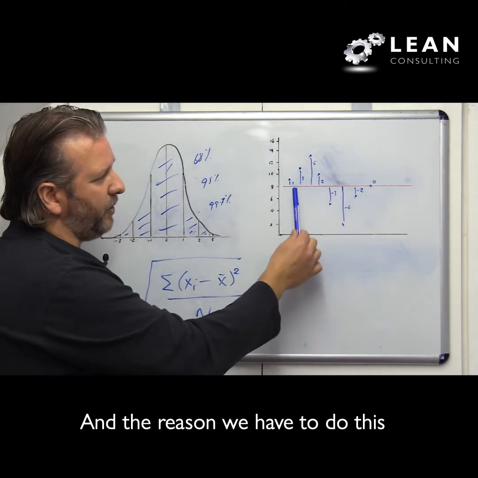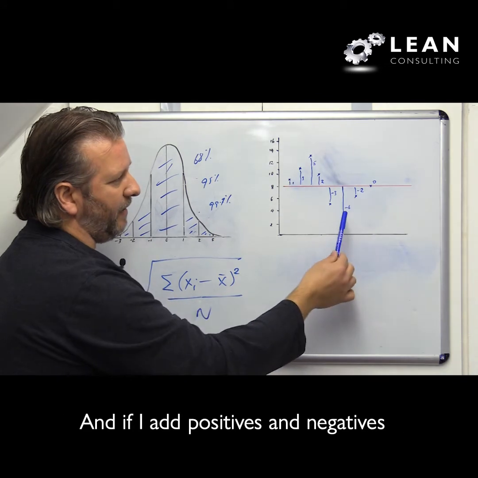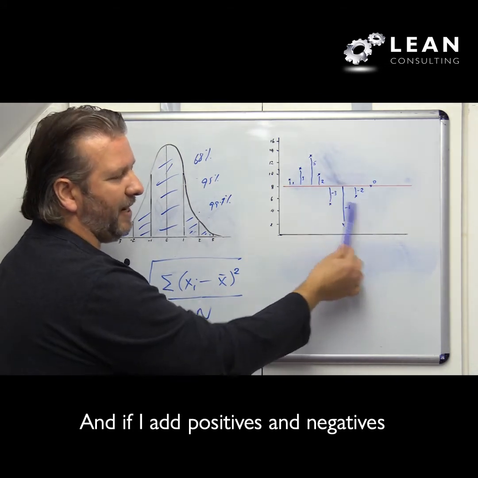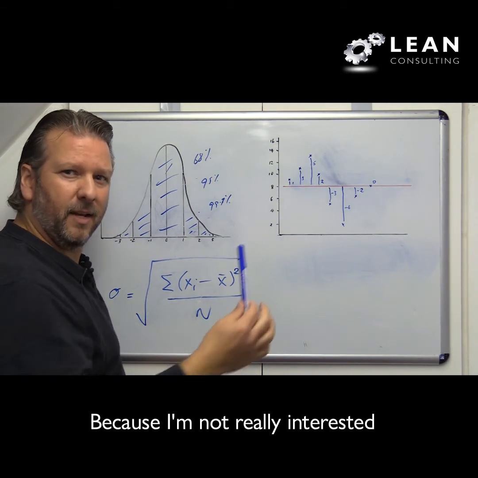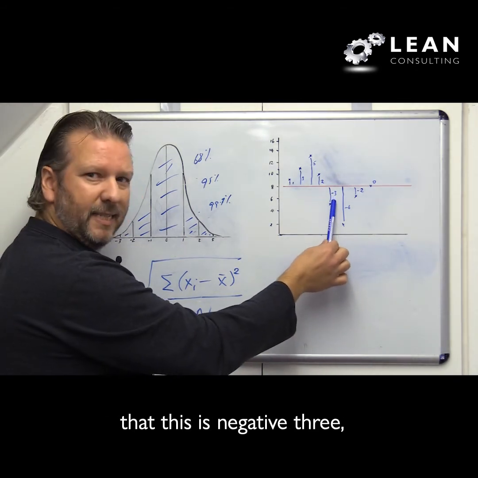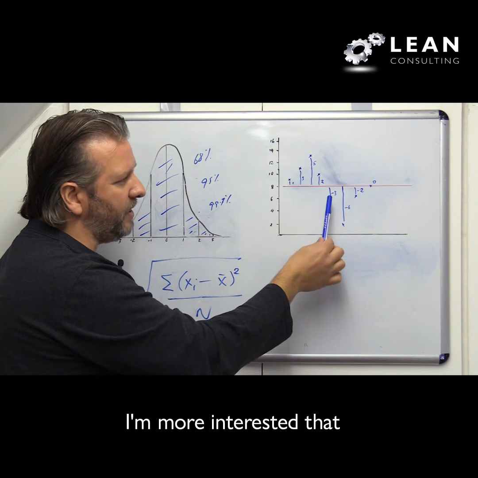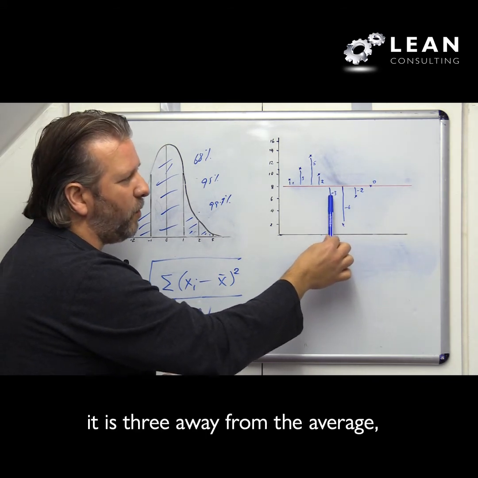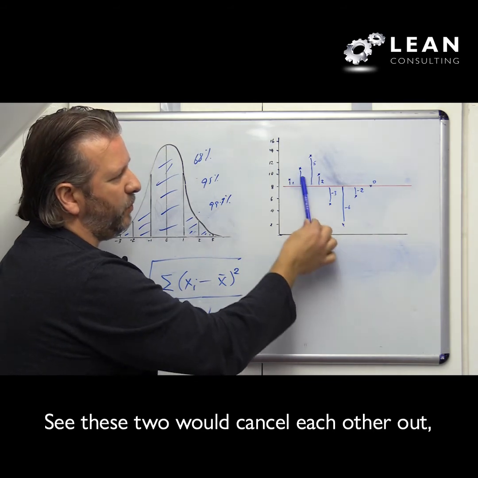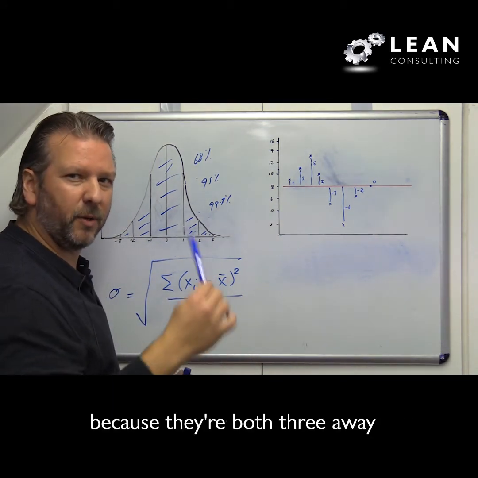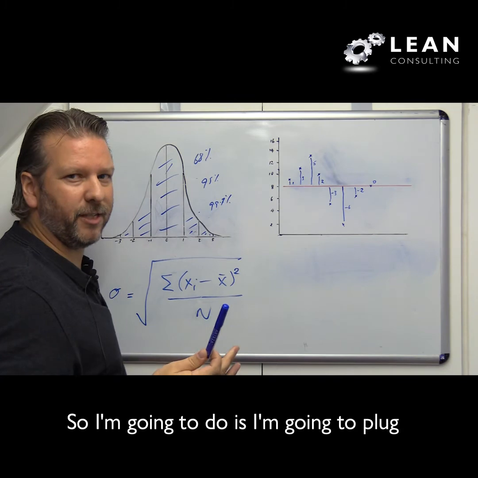And the reason we have to do this is that I'm going to add all these together, and if I add positives and negatives, they're going to cancel each other out. And I don't want them to cancel each other out, because I'm not really interested that this is -3. I'm more interested that it is 3 away from the average. This is 3 away from the average. See, these two would cancel each other out, but they shouldn't, because they're both 3 away from the average.